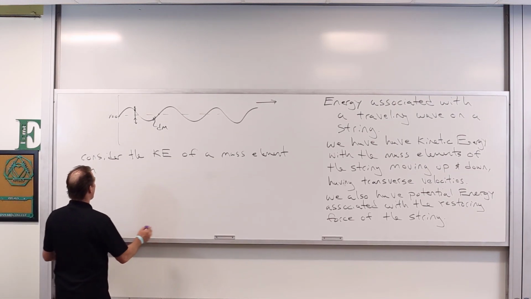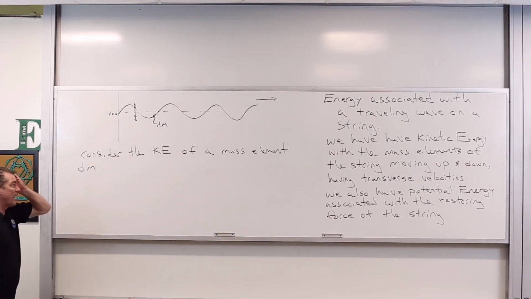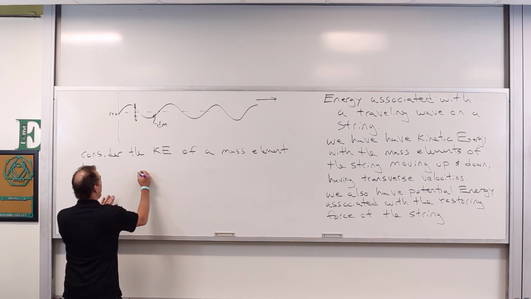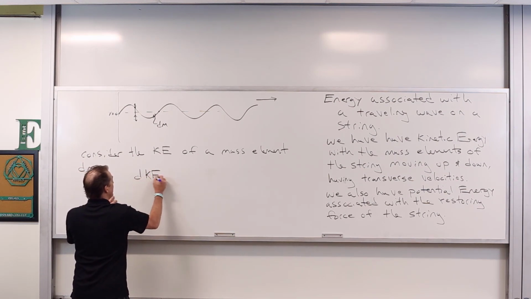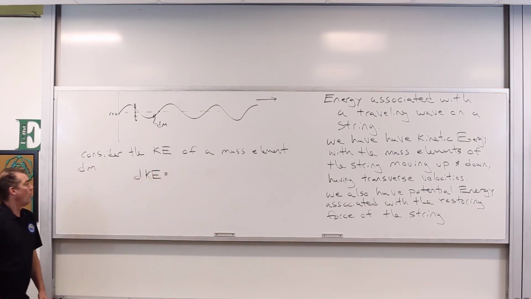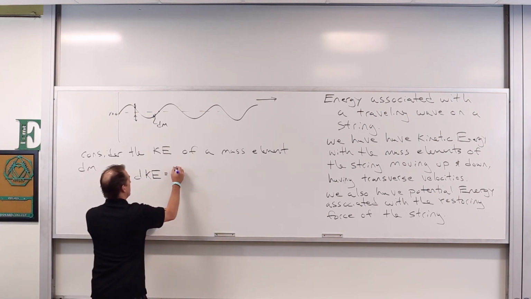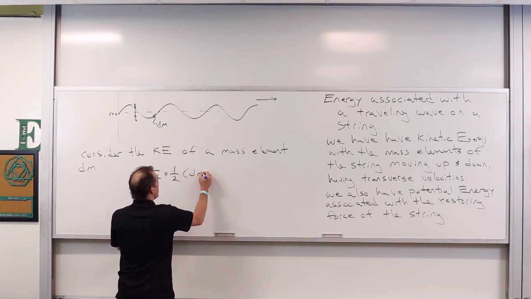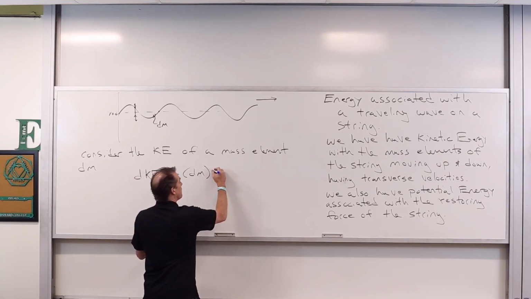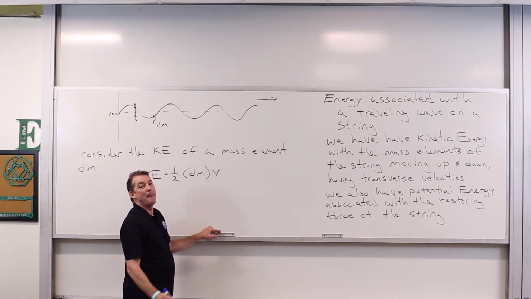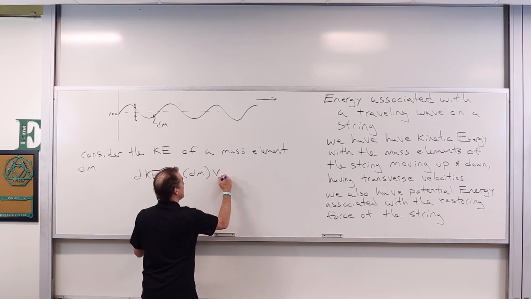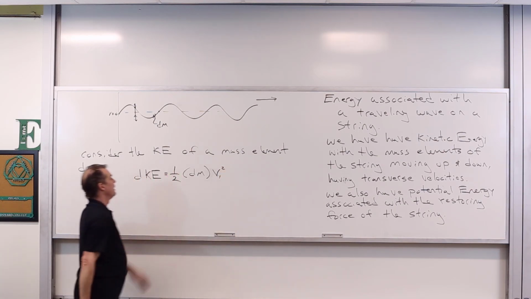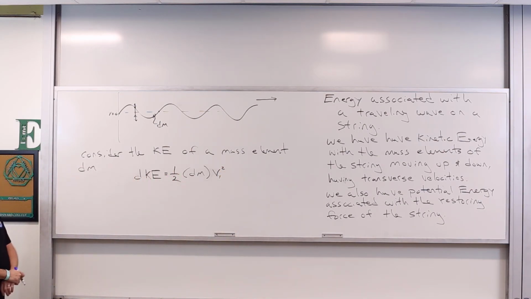So what would the kinetic energy be? Well, it would really be a kinetic energy element. We would have dKe equal to 1/2 multiplied by the mass element dm times the speed of that mass element squared. Well, the speed is the transverse velocity squared. So there would be the kinetic energy element of an individual mass element.